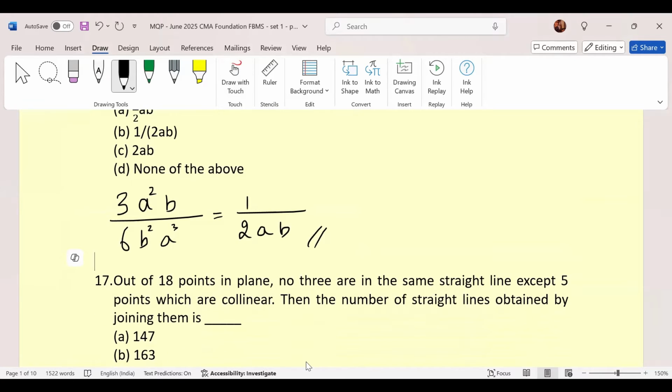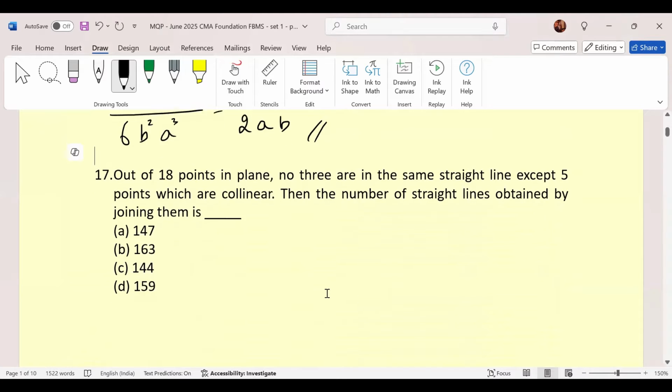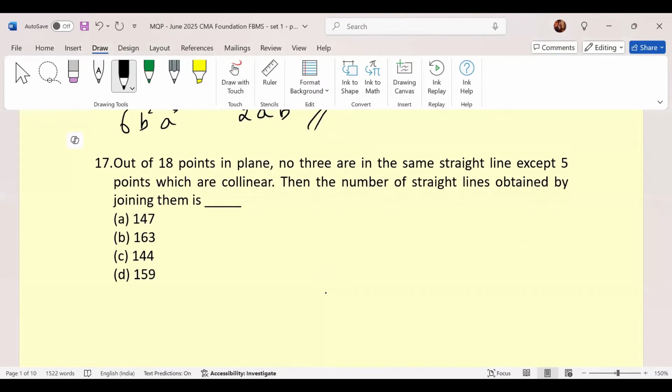Out of 18 points in a plane, no 3 are in the same straight line except 5 points which are collinear. Then the number of straight lines obtained by joining them is what? So suppose we can first consider total number of straight lines.